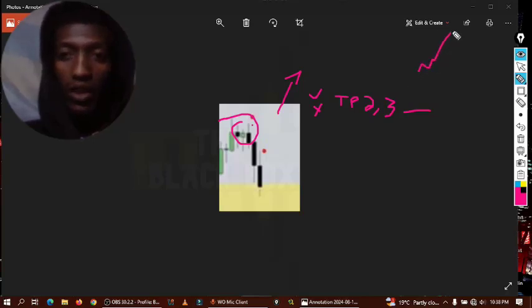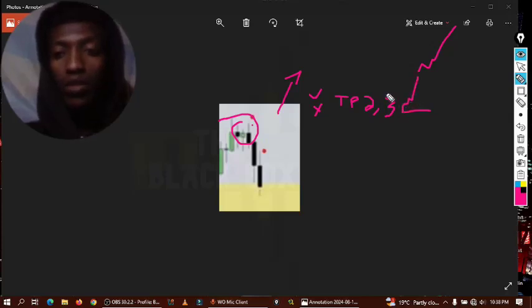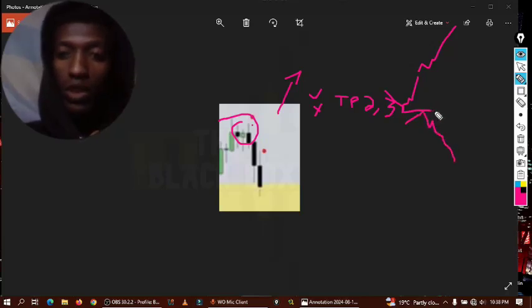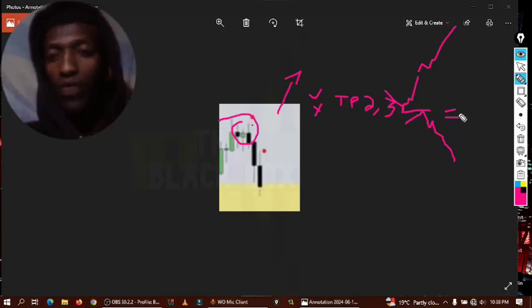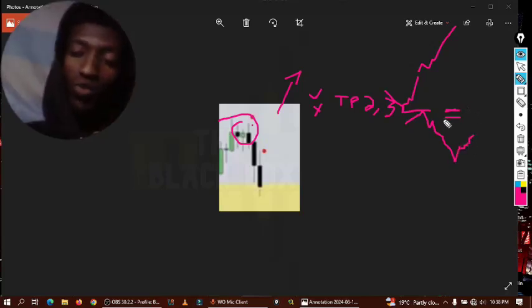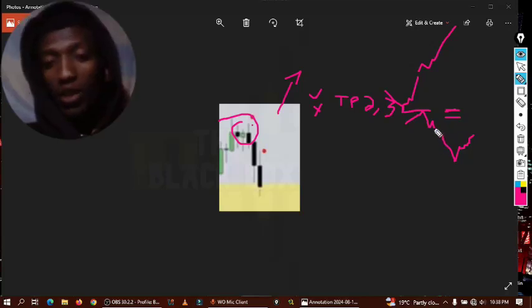If you are selling, put your stop loss at break even, right here where you entered, so that it covers your commission and everything.